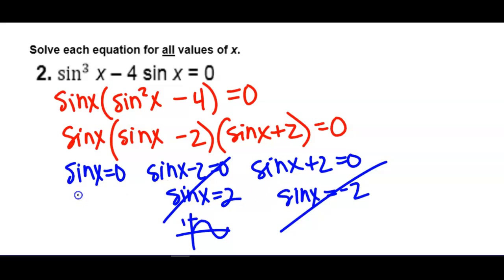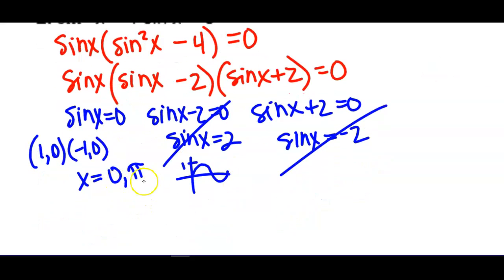All right. The sine of x is 0, though, on the unit circle at the ordered pair 1, 0 and negative 1, 0, which are true when x is 0 and pi. Now this says all solutions, so we need to put the plus or minus 2 pi n on the back.